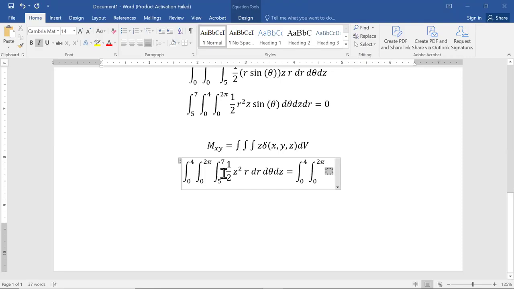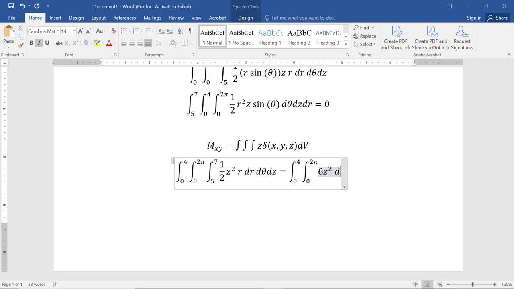When we integrate 1/2 r with respect to r, we get 6. The Z squared is just a constant. So I get 6 Z squared d theta dz.